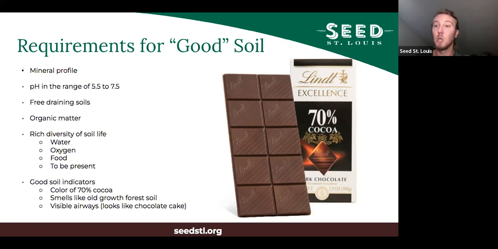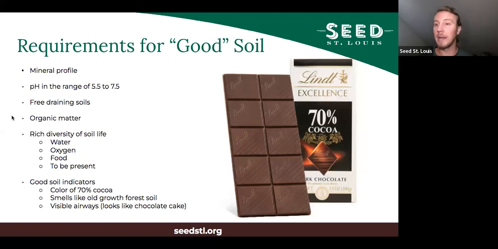Either way, it tells you something is missing in your soil. Generally speaking, for vegetables and fruit crops, you want a pH in the range of 5.5 to 7.5. You want a free draining soil, something that is not going to pool and hold water. If it does, it means you lack pore space, which is a good indication that your soil life is not good.